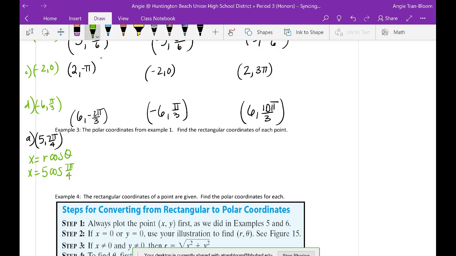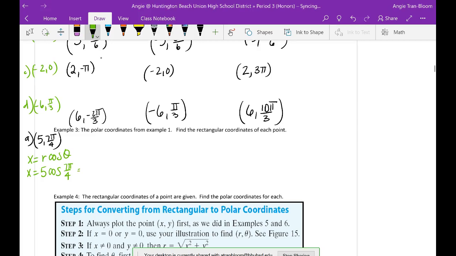That's in quad 4, right? Cosine in quad 4 is positive.